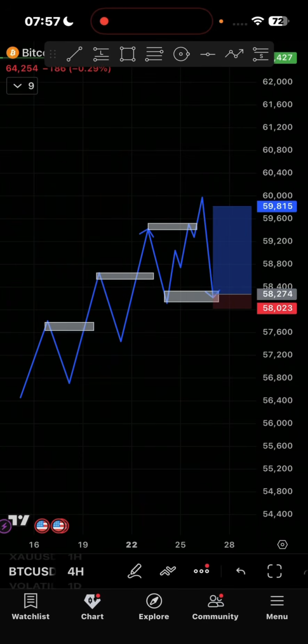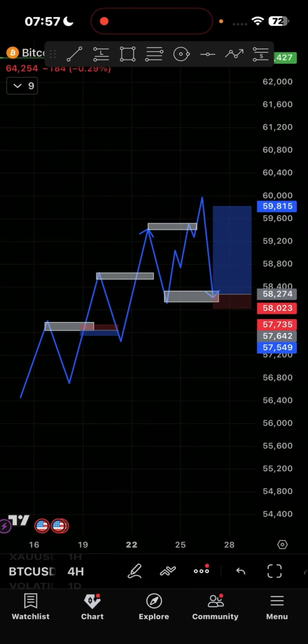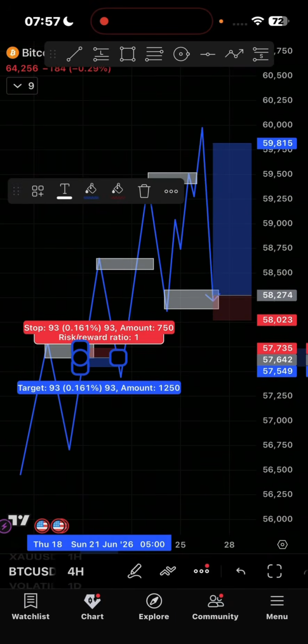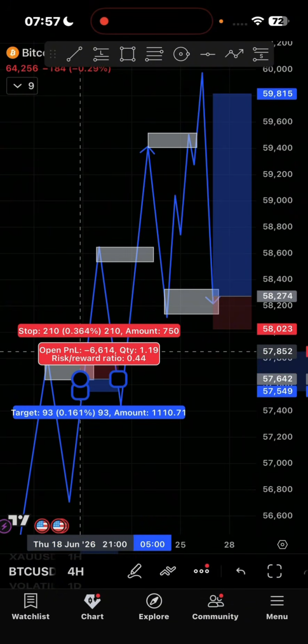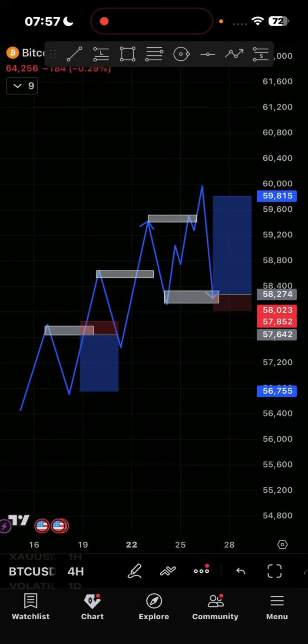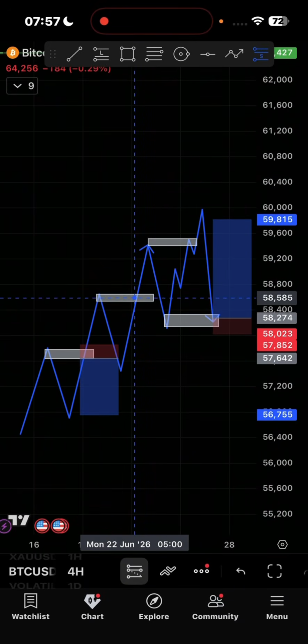Trying to sell from here, your stop loss will get hit. You try to sell from here, sniper entry, your stop loss will get hit.